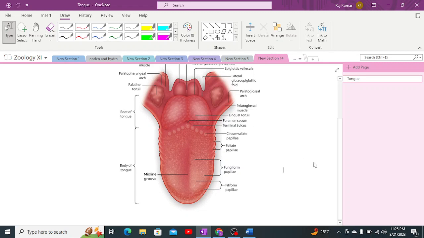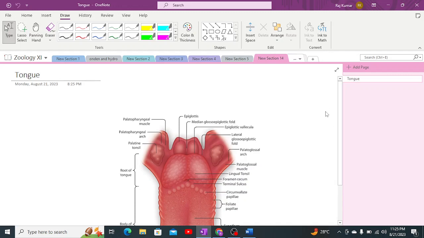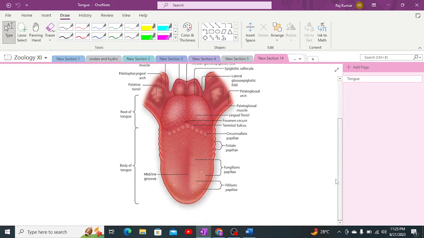Now the tongue is attached with the downward part, or the floor, of the buccal cavity by a fold which is known as the frenulum.